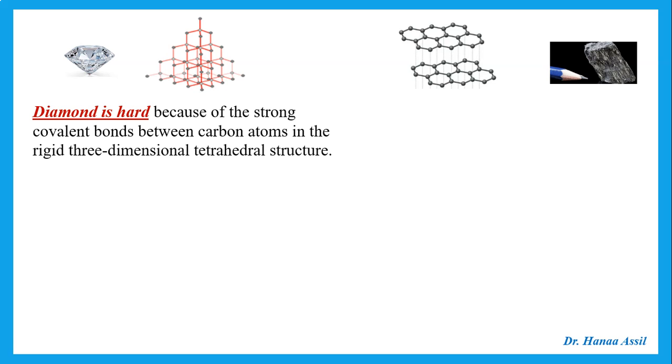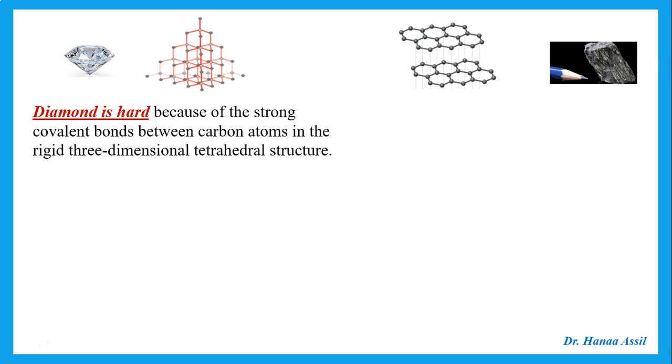If we're going to talk about which one is hard and which one is soft, you should know that diamond is one of the hardest substances that we have. Why is it hard? Because of its structure. Because of the strong covalent bonds between carbon atoms in the rigid 3-dimensional tetrahedral structure. So this makes it hard.